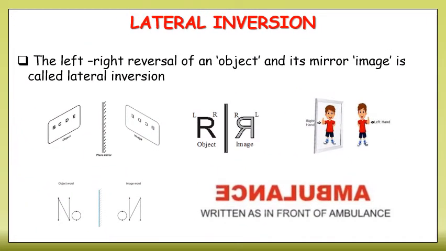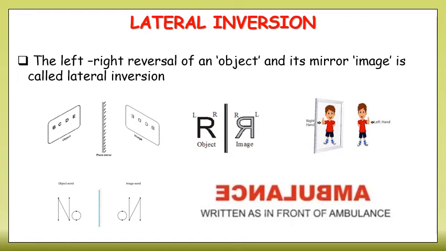Now next is lateral inversion. Students, when we look at ourselves in the mirror, we see our own image in it. Our image formed in the mirror is of the same size and at the same distance from the mirror as we are standing, isn't it? However, the right and left of the object and its image are interchanged.